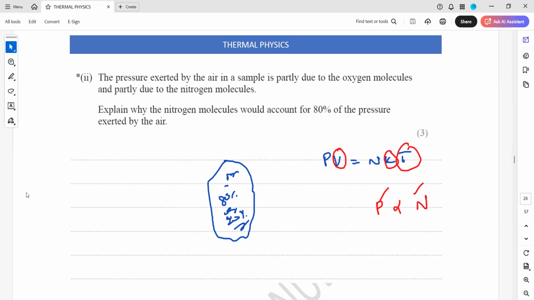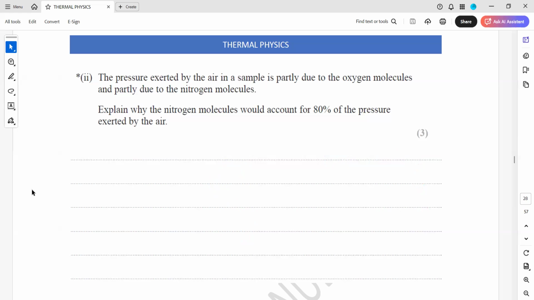Yes, I'll repeat. We know the pressure exerted by the gas is according to this equation, PV equals nRT, or NkT, capital N and the Boltzmann constant, T. The volume is the same for both gases because they're in the same container, or you can say lungs. The k is also constant. The temperature is also constant, as they mentioned.